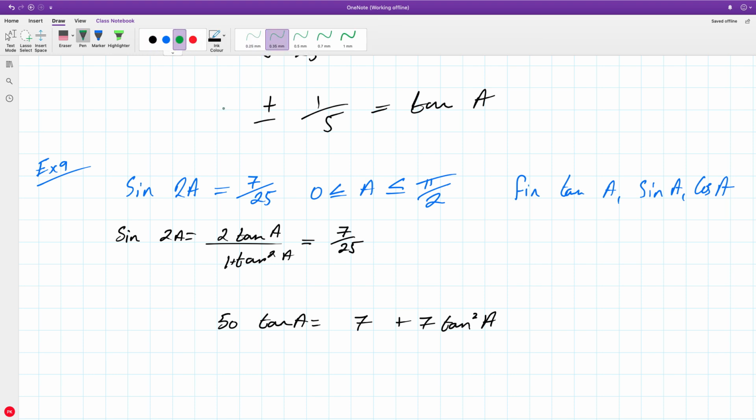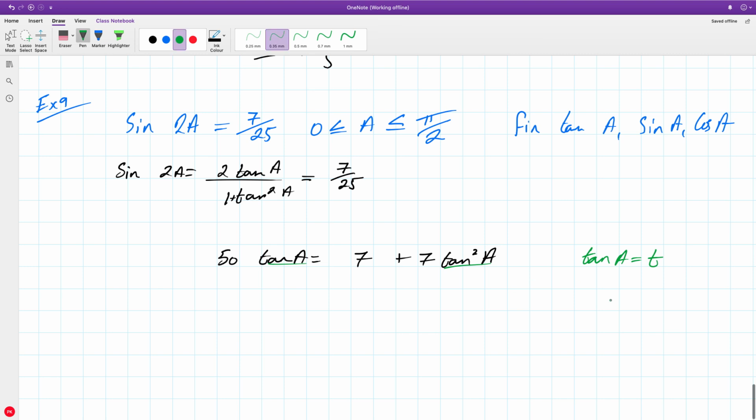Now, this problem, we have tan squareds and tans. So we're going to have to do a substitution. So the tan of a is equal to t. The tan squared a is equal to the tan of a all squared, which is t squared.